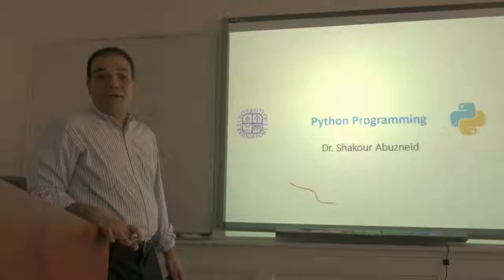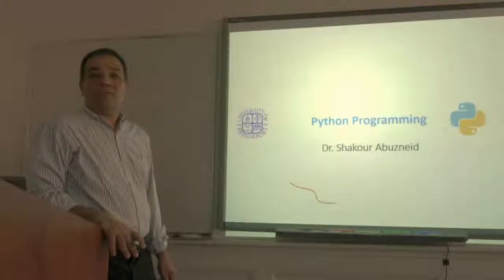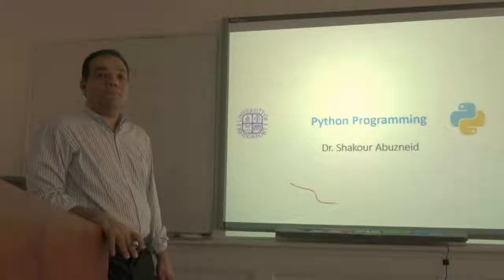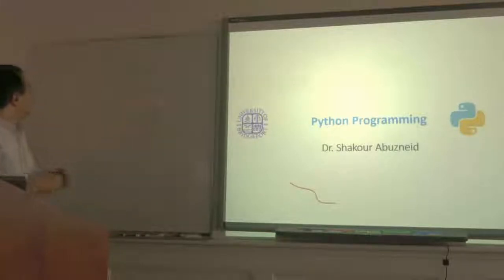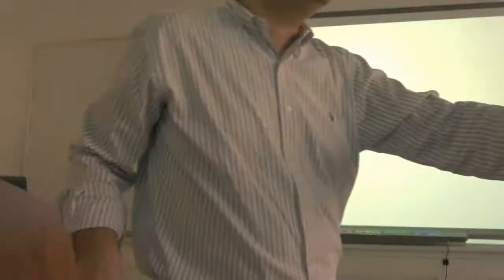So, a tuple is immutable, and a list is not immutable. What does it mean, immutable, not immutable?